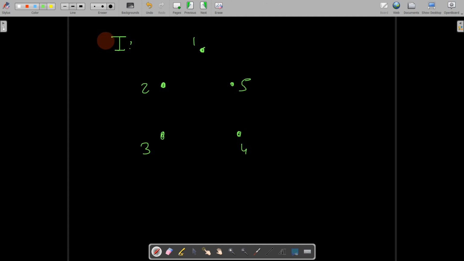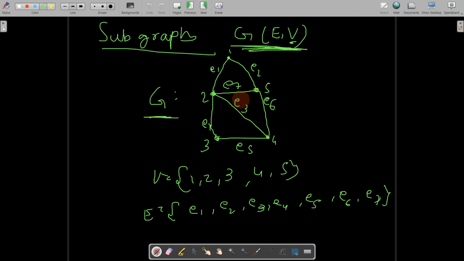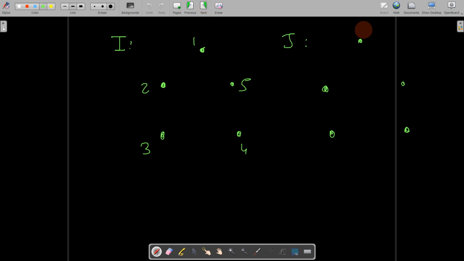So this is an example of a spanning subgraph. A spanning subgraph need not be connected. The important thing is in this subgraph, all the vertices of the original graph have to be present. Another example of a spanning subgraph would be this: edges we pick E1, E2, and E7, with vertices 1, 2, 3, 4, 5.